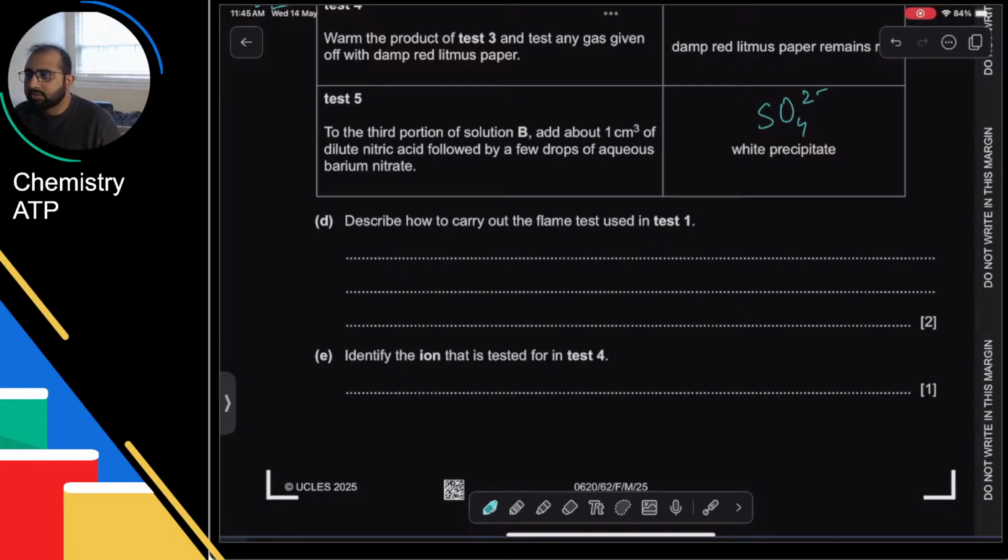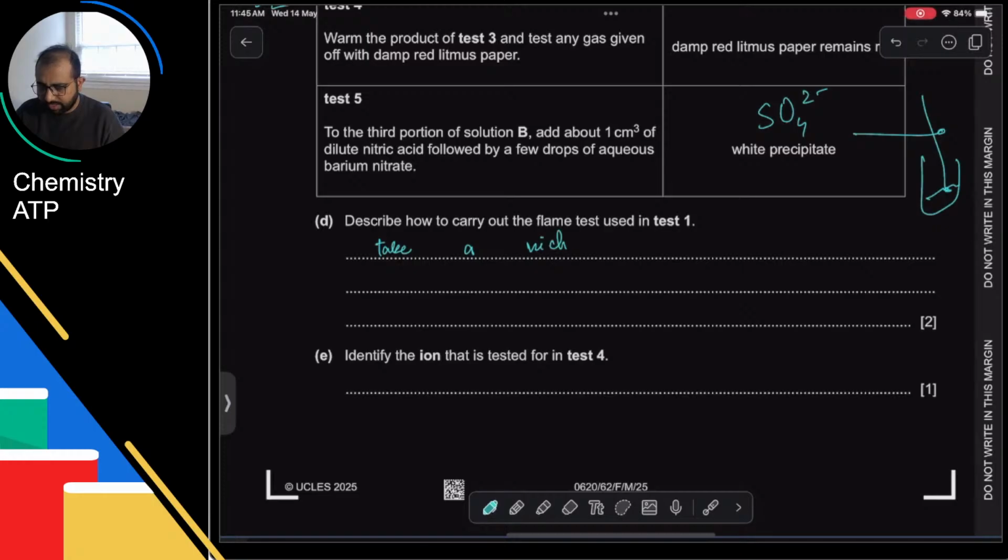Okay, so it doesn't say what it's called, but what you can do is you can take a wire and just make a loop of the wire and add a small piece of that salt onto that, dip it in the sample that you have. So let's say this was a sample. So I'll take the small wire with the small loop at the end, dip it in there. So the solid, obviously some part of it will be there, and then put it on the flame. And once the change in the flame is seen, you just note it down. That's all you do.